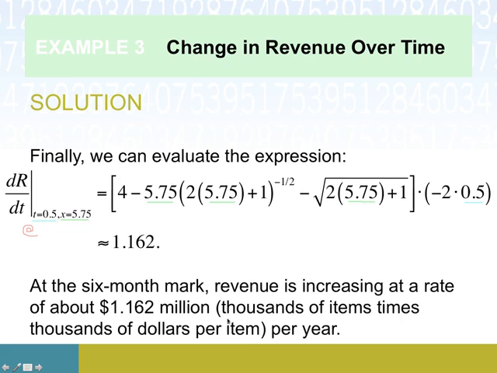And that's because our demand, D, was in terms of thousands of items, and our x was in terms of thousands of dollars per item. That 5.75, remember, was actually pretty spendy. So when we multiply those two things together, thousands of thousands is actually millions. And then the per year is going back to our units on time, the denominator. So this really was revenue units per time units.